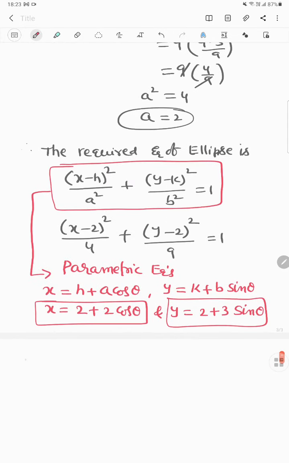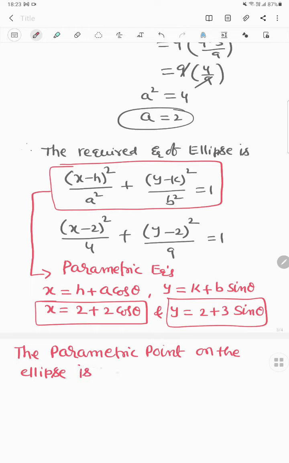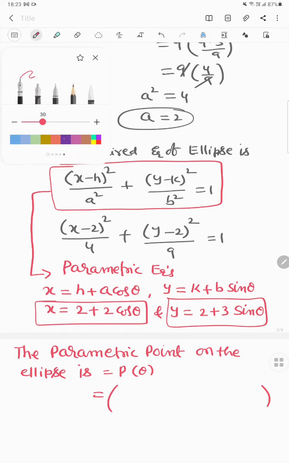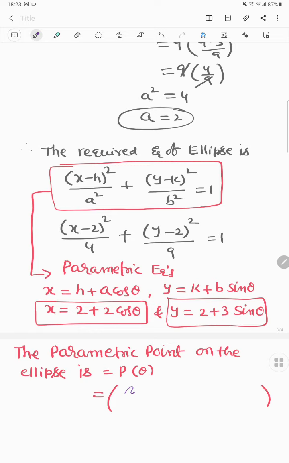You have to write as a point, therefore the parametric point on the ellipse is P of theta, that is 2 plus 2 cos theta, 2 plus 3 sin theta.